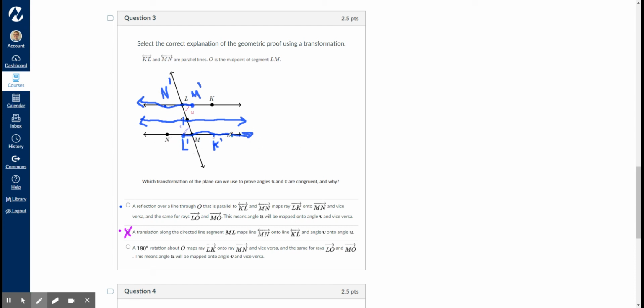It's mapped facing the wrong direction, starting at the wrong point. So that one doesn't work. We can't do that because it doesn't map the way that it says. Which leaves just one more choice, our 180-degree rotation about point O.